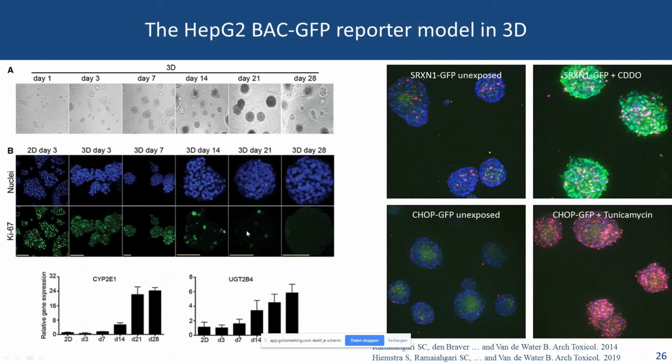Another nice thing is that hepatocyte-like features are being induced during differentiation, during the formation of these spheroids. So 2 examples. For example, the P450 enzymes are being induced, and that's what you can see over here. So in 2D, there's hardly any CYP2E1 expression present, but during differentiation, you can see that there's a strong induction of CYP2E1 expression.